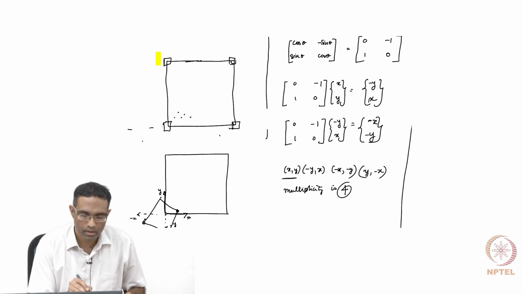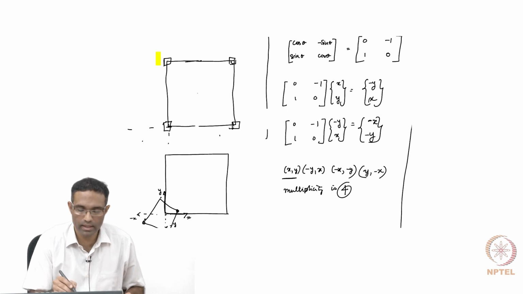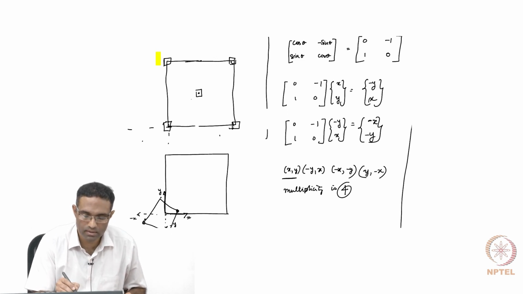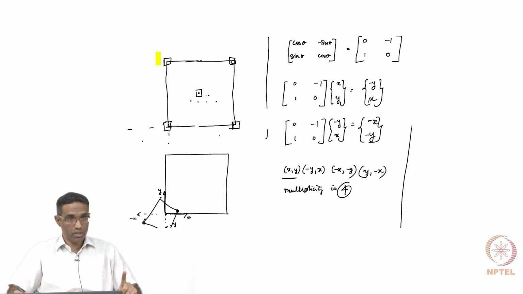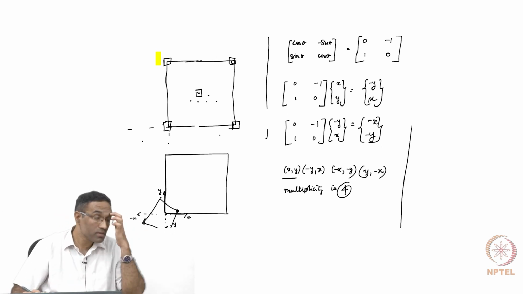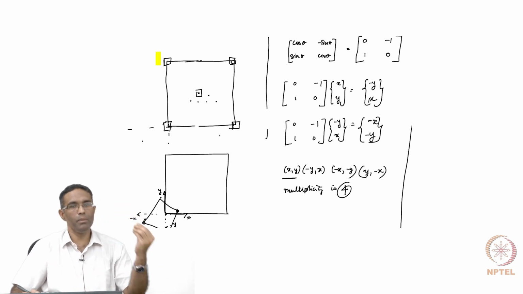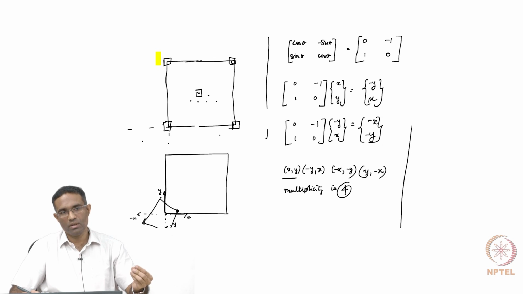Okay. Now, if it so happens that this molecule is not like this, it's like this. And I apply the fourfold rotation, this x comma y is lying on a symmetry point, a point through which a symmetry element is passing. Consequently, the multiplicity of that point gets reduced, right? It is only 1 in this case.